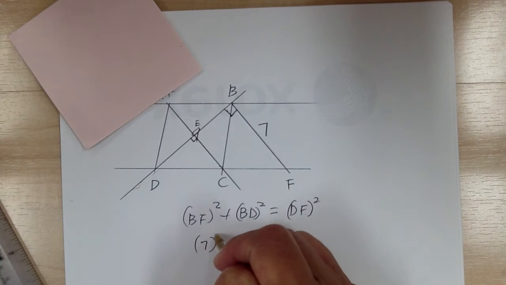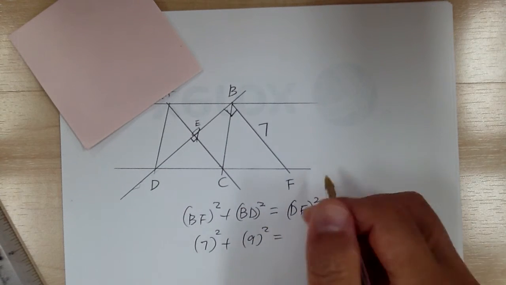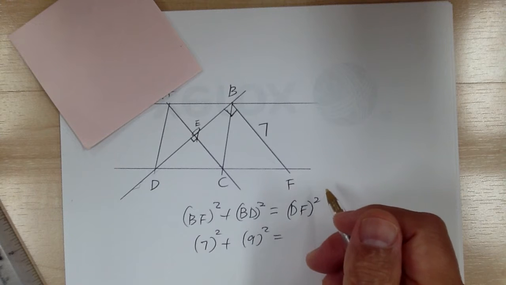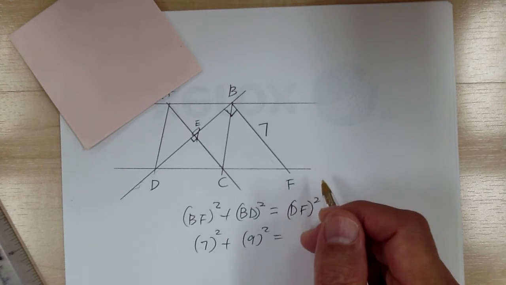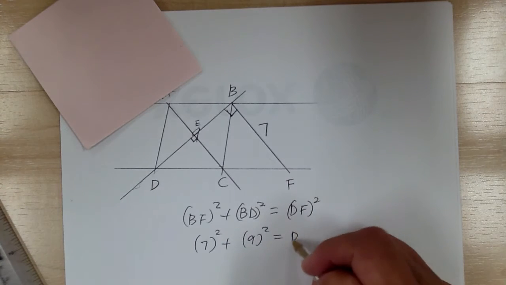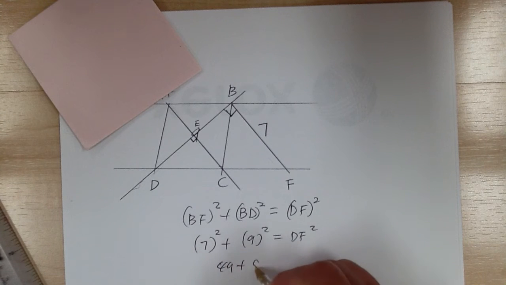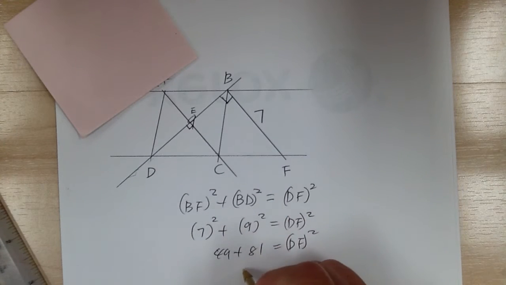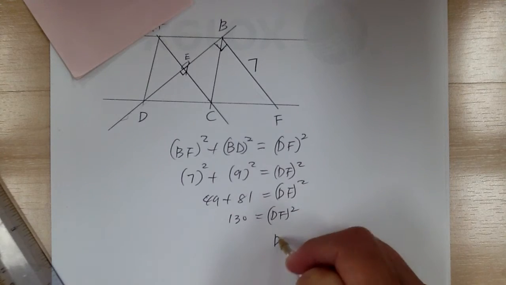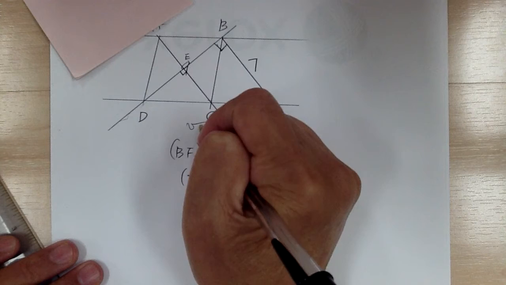BF is 7, BD is 9, so DF equal to square root of 130.